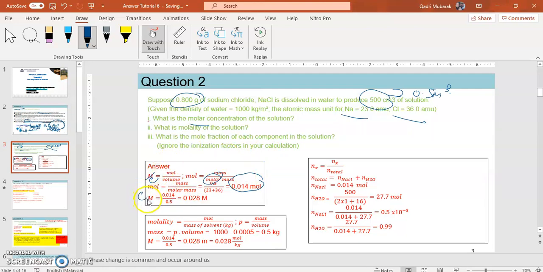And from there we can find the molarity. Here is concentration. So concentration is mole per volume. We already have our mole, and here we have our volume. We take it from here. The important thing is we need to know how to convert the volume.